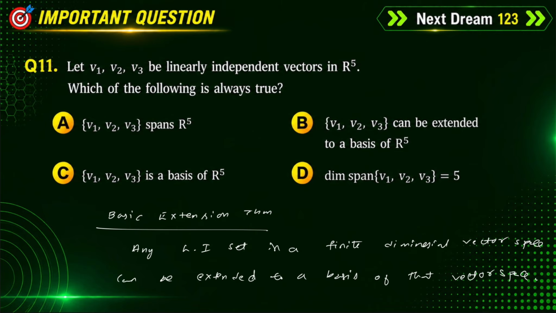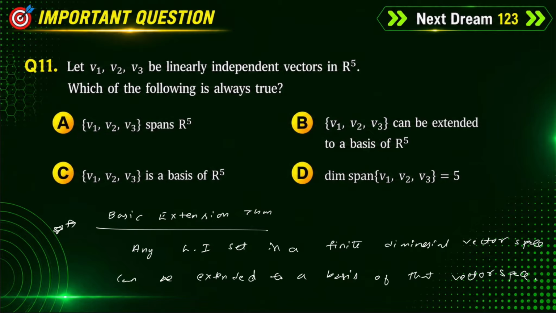This is a very important theorem, you should remember. Any linearly independent set in a finite dimensional vector space can be extended to a basis of that vector space. Let's discuss the first option. This is the set which contains three vectors v1, v2, v3, spans R^5.